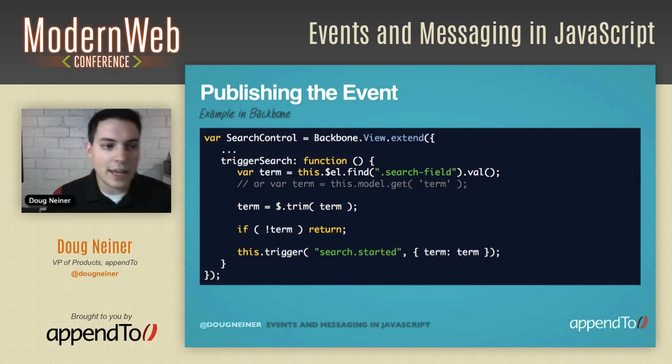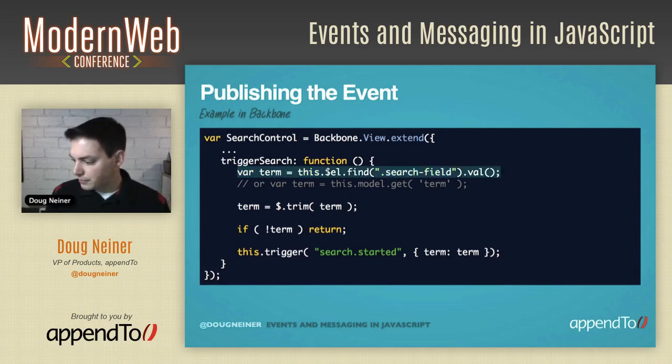If we looked at it in Backbone, I'm not showing you half of the code here, but you can imagine we have a Backbone view. There's a render method somewhere else that's doing stuff. And in here, when we click trigger search, we're going to grab our current context, which is going to be the root of the control, find that search field, and grab its value. If you're working with a model-backed view, you're just going to probably get that off the model.